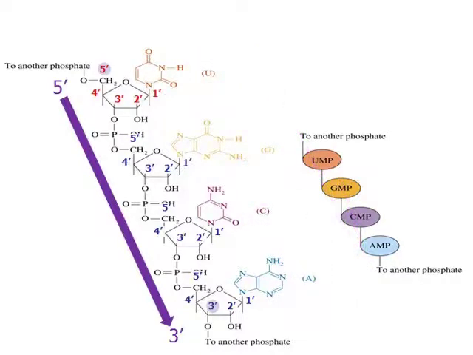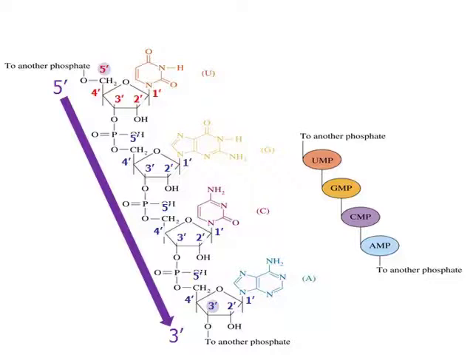Now looking at that example, UGCA, is that DNA or RNA? Well, we said that DNA has the bases A, C, G, T. RNA has the bases A, C, G, U. So this must be RNA because we see a U in it. So if we see a T as a base, we know that that's a DNA molecule. If we see U as a base, then we know that that's an RNA molecule.